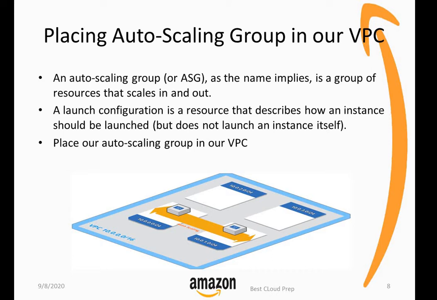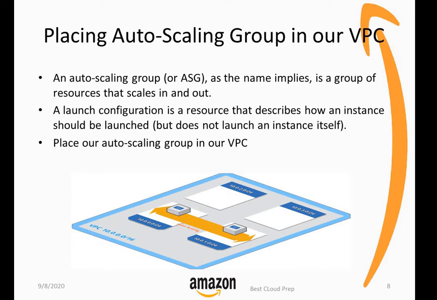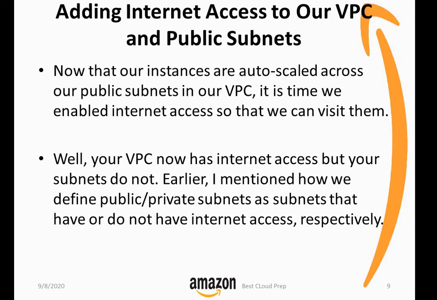Now place our auto scaling group in our VPC. After placing our auto scaling group in our VPC, as you can see, now we'll add internet access to our VPC and public subnets. Obviously, you don't want internet access for our private subnets. Now that our instances are auto-scaled across our public subnets in our VPC, it is time we enable internet access so that we can visit them.